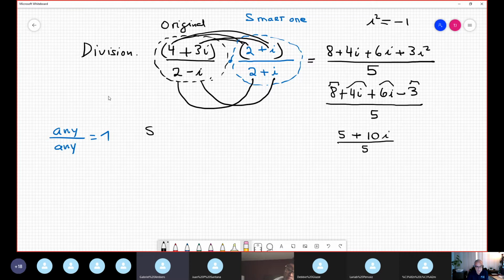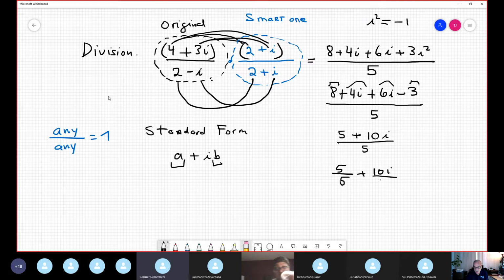Look at the standard. The standard form to express any complex number is a plus ib. So you split that common denominator like that: 5 divided by 5 and 10i divided by 5. And 5 divided by 5 is 1. And 10 divided by 5 is 2. And this is my beautiful final answer.